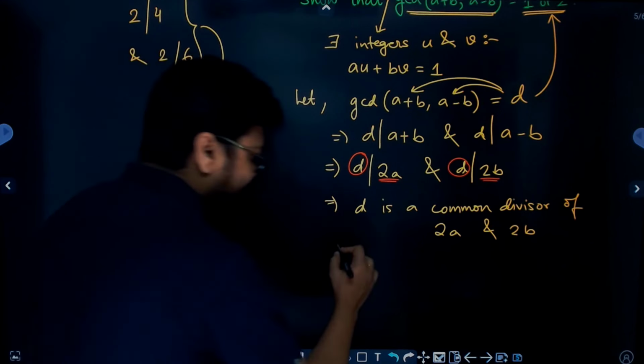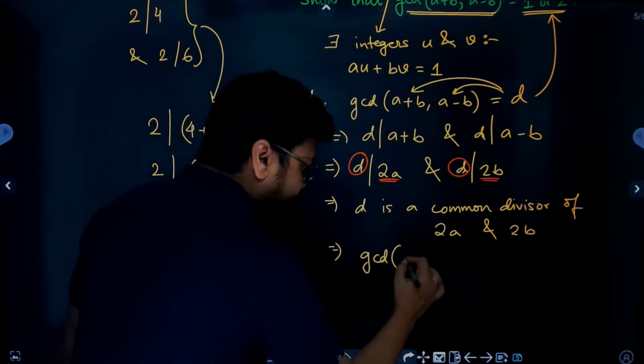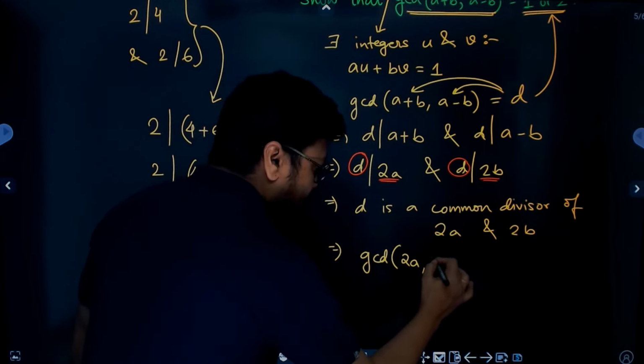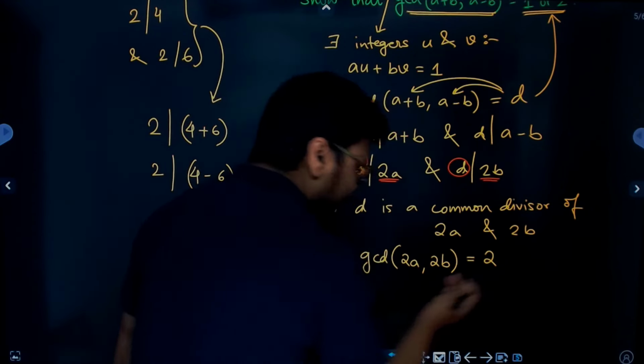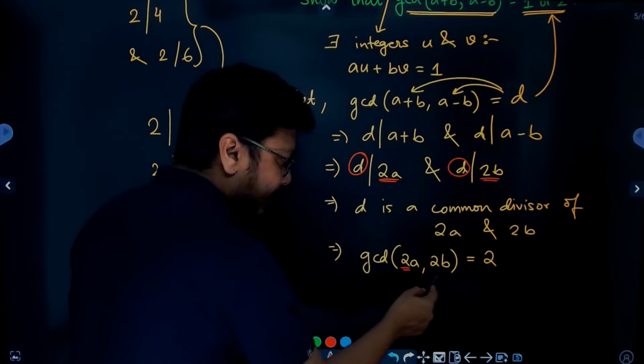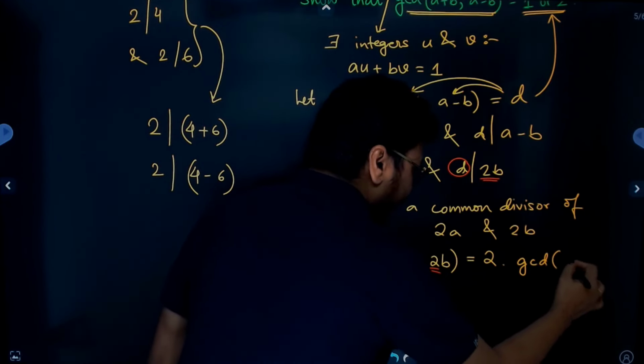So that means the GCD of 2a and 2b, if I take this GCD, then using the property of GCD, I can bring the 2 outside. So I'll have 2 times GCD of a and b.